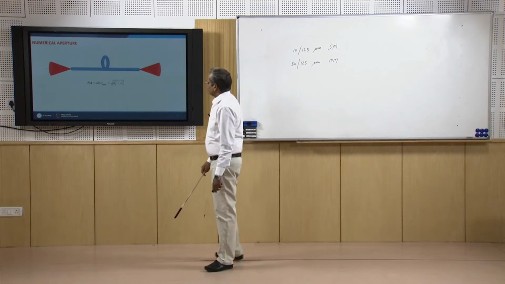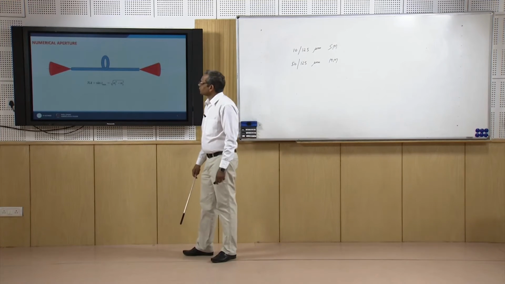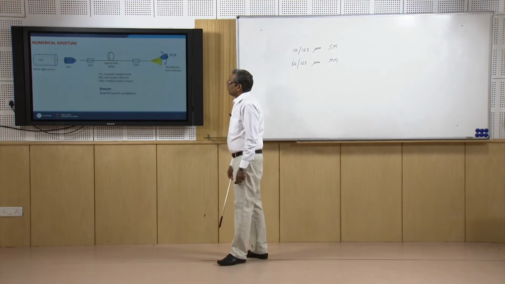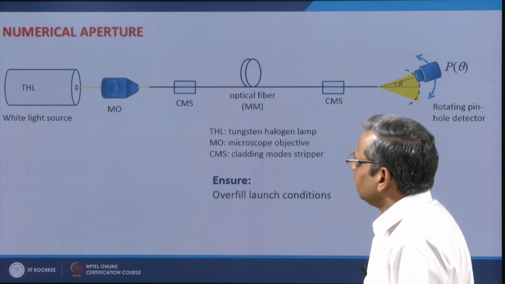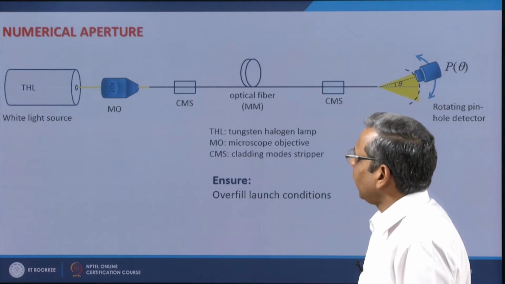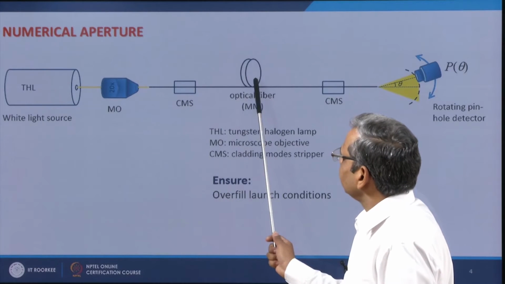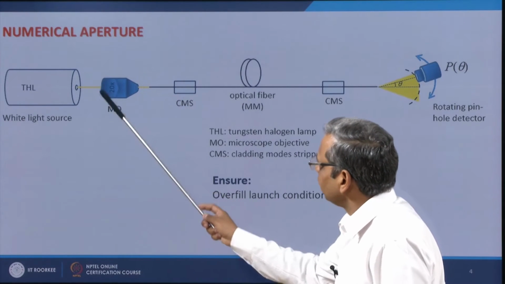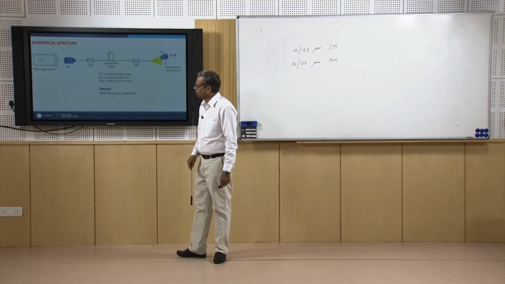So, this method is very simple, but it can be used only for multi-mode fibers. You take a multi-mode fiber and use a white light source, and using this white light source you launch light into this fiber using a microscope objective of sufficiently high numerical aperture.